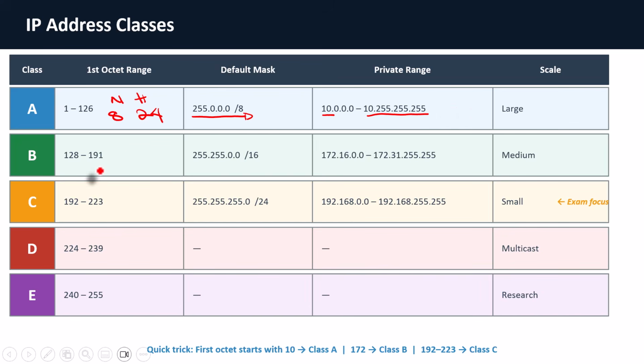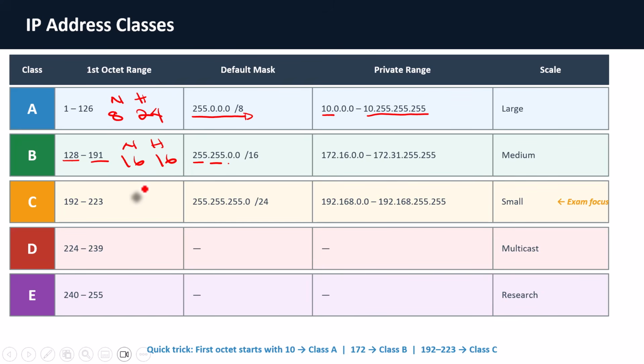Class B, the first octet ranges from 128 to 191, and the default subnet mask is 255.255.0.0. The network bits and the host bits share equally, 16 each.